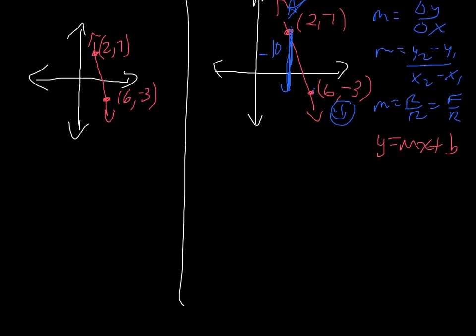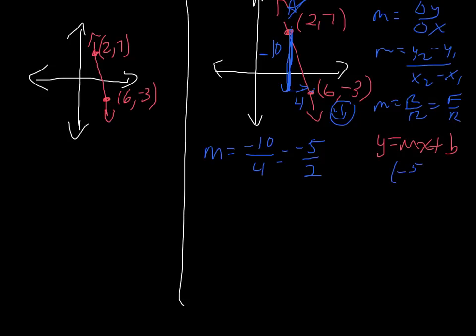And then I go from here to there. I always run to the right, never go left. And so I went from 2 up to 6, so that gave me a 4. So then my slope is m equals negative 10 over 4, which is equal to negative 5 halves.